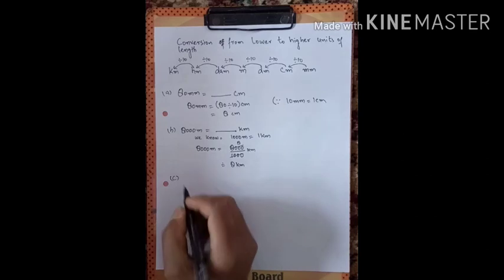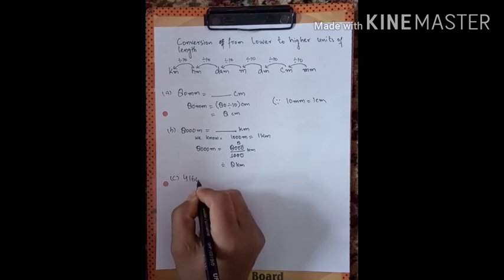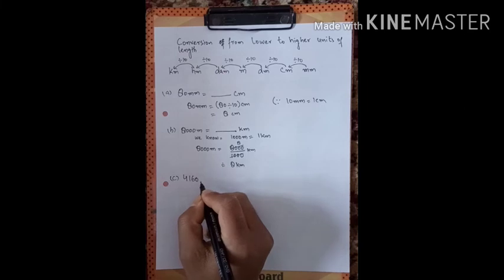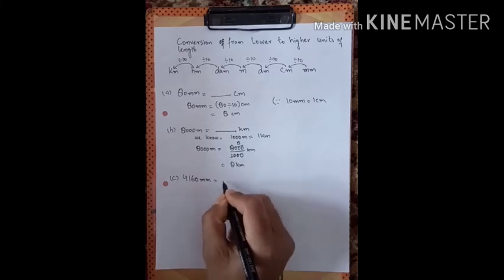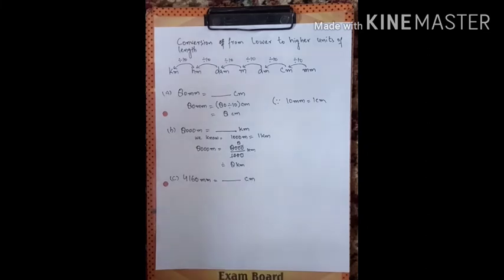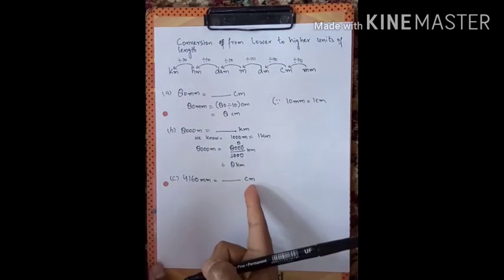Okay, now C part. If I have to convert 4160 millimeter into centimeter. Okay, I have to convert this 4160 millimeter into centimeter.